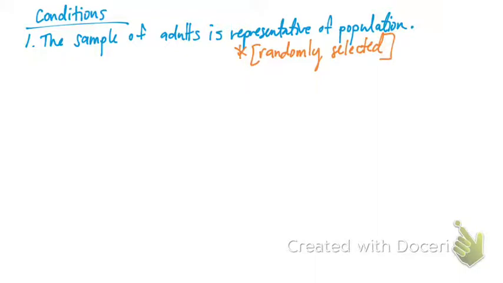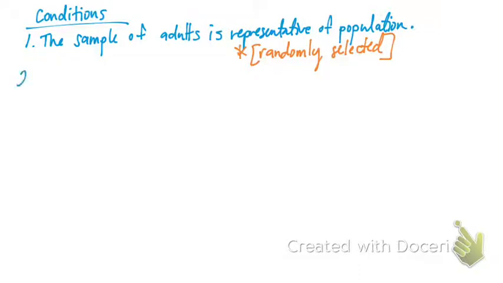This is a weird example, but we include it because if you say that it's a random selection but it's not random, then you don't get credit for it. So there's 2 options. It's either representative or it's random. 99 out of 100 times it's random, but this particular example, it is not. You just got to check. Does it have to say representative? Yeah. Okay, so that's condition 1.